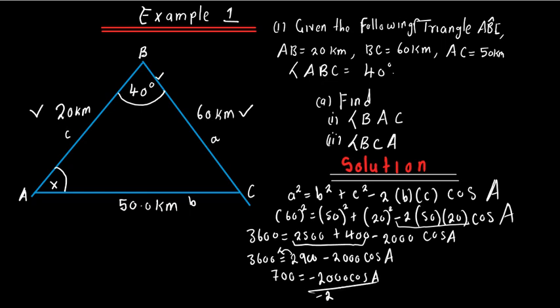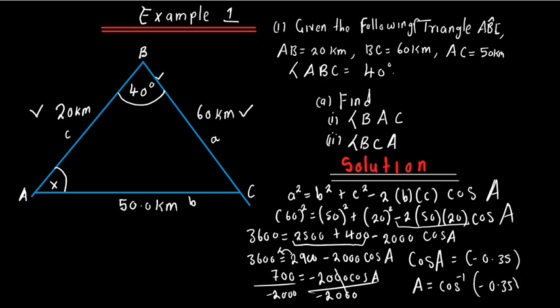So say over 2,000 over 2,000. So we can say that cosine A is going to equal to, then we can say divide by negative 2,000. We are going to get negative 0.35. Okay, so if we want to find the angle, we say A is equal to cosine inverse of negative 0.35.